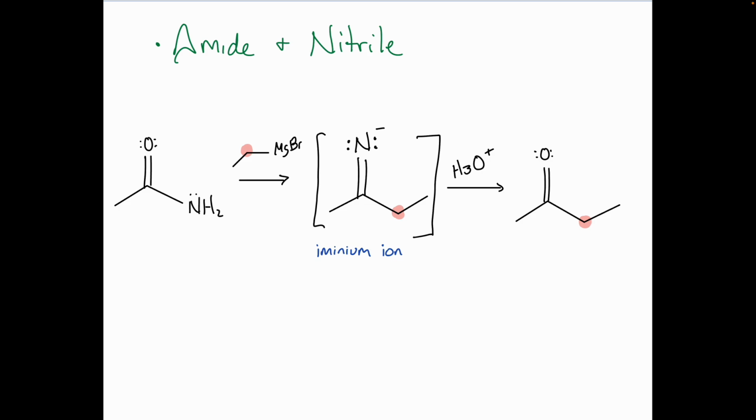What's a little bit weird here is that we get this iminium ion intermediate, again, because nitrogen is a worse leaving group than oxygen. But then when we do that acidic workup, we add a whole bunch of water and aqueous hydronium ions.